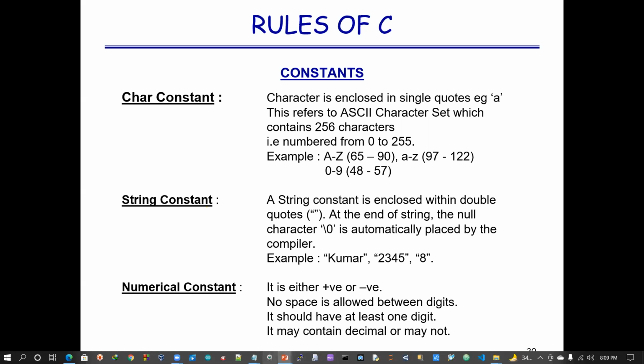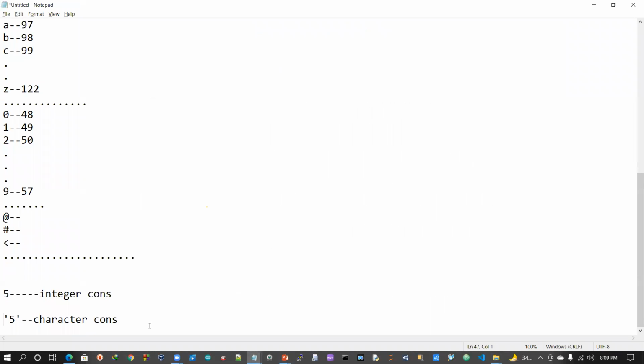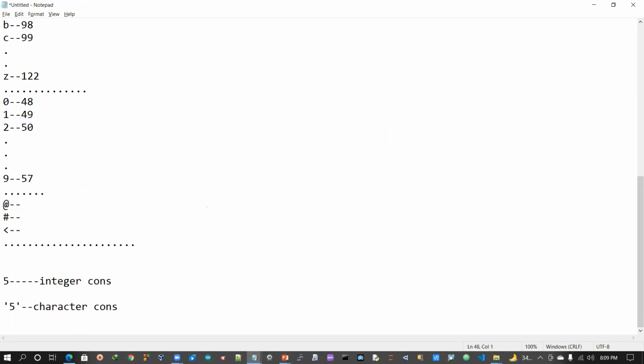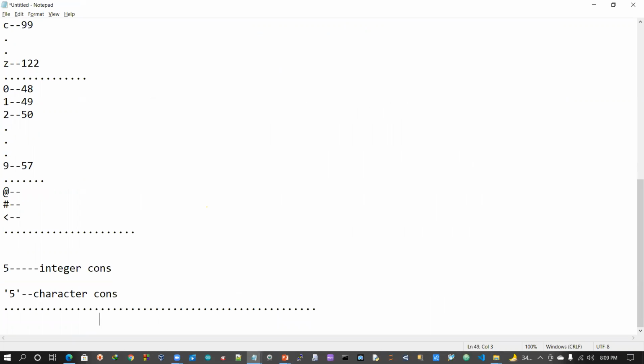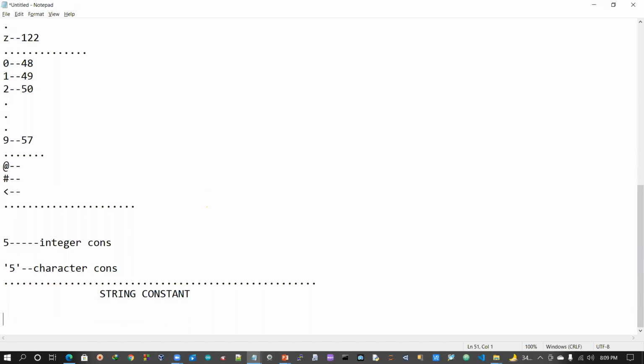Let me explain on the notepad just a minute, or you have the confusion. String constant. Okay, now see here, suppose I'm writing my name, DKC. So this is not the character.